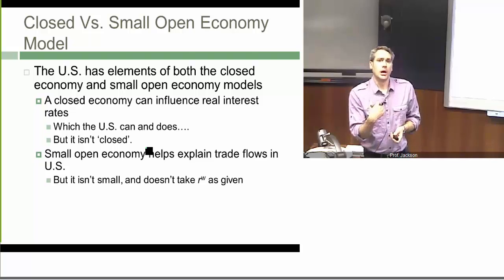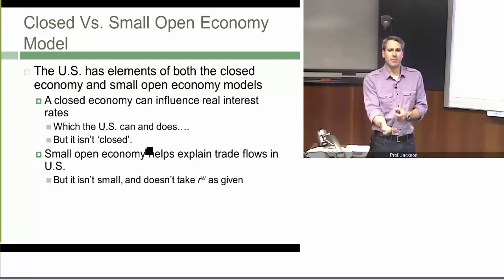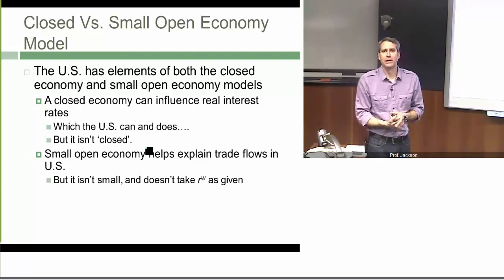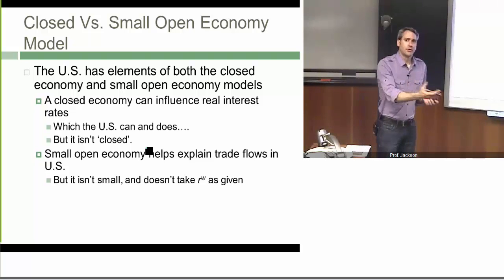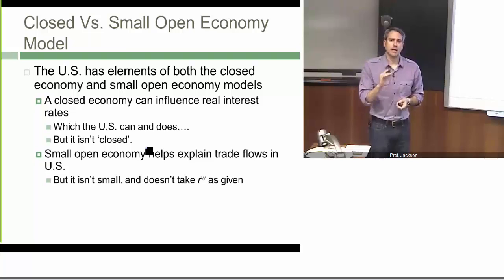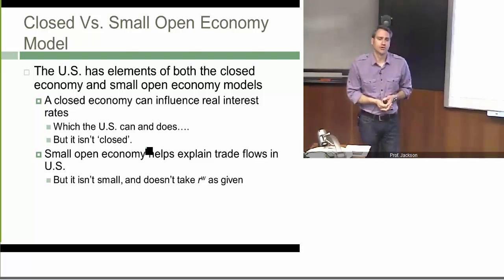And so there's an uncomfortable tension in some sense between the basic mechanics of this model and what we actually see happen in the U.S. and other large open economies. It turns out that there's a more unifying model that you can look at that marries both of these things together, but it's a lot more complicated, and I believe that it's available in the appendix, which is online for this particular chapter.